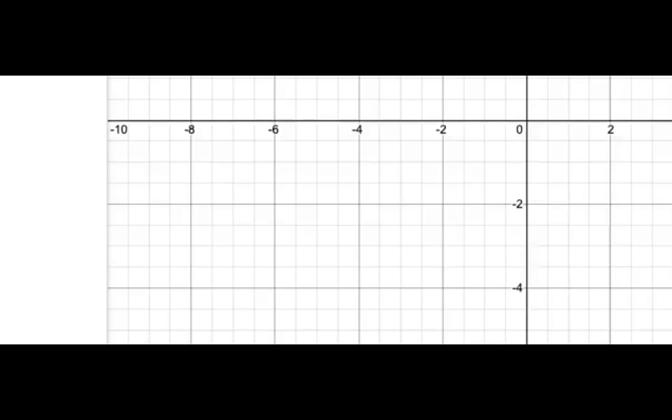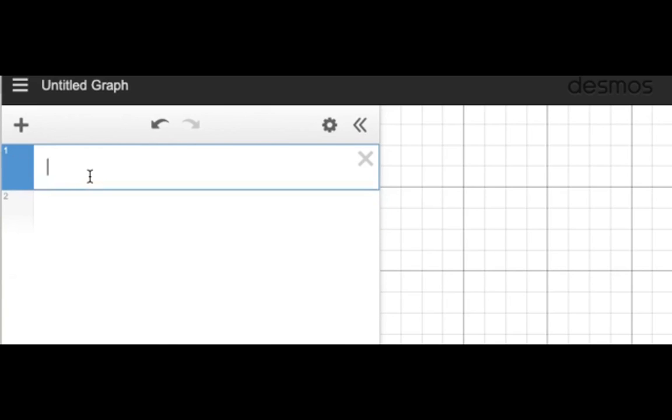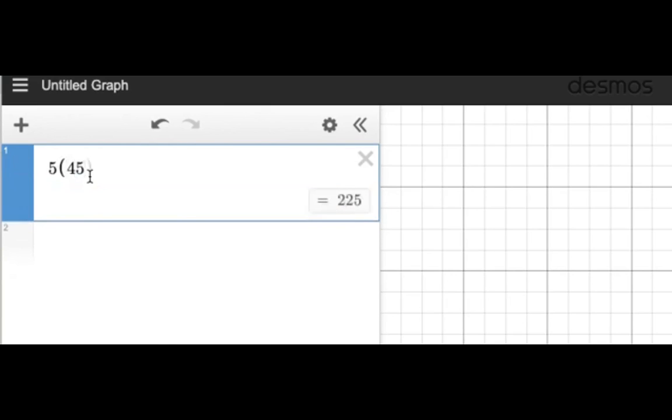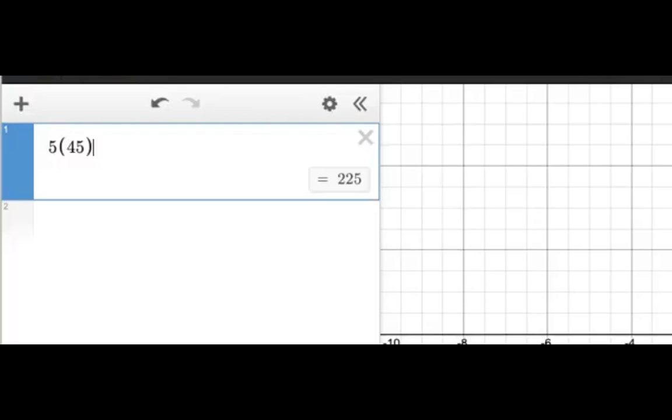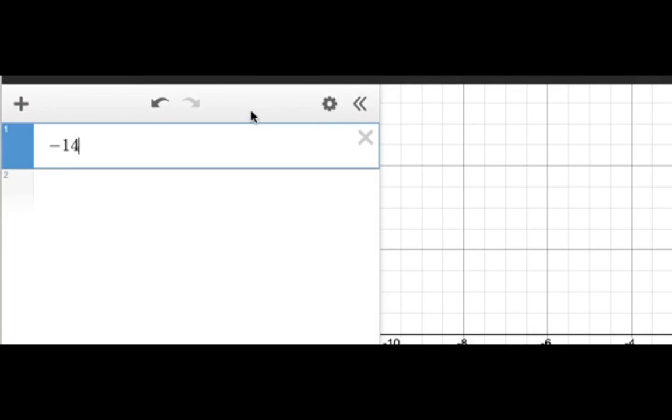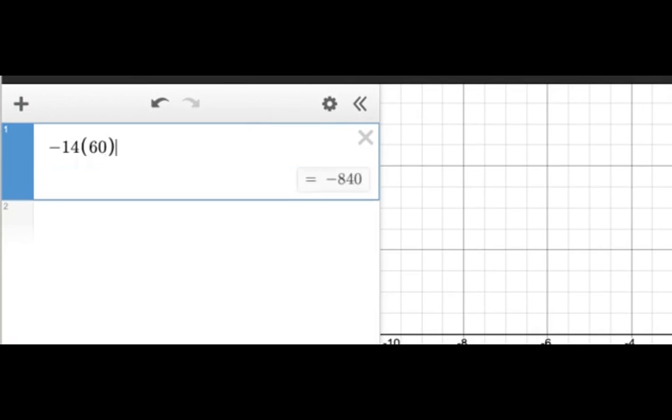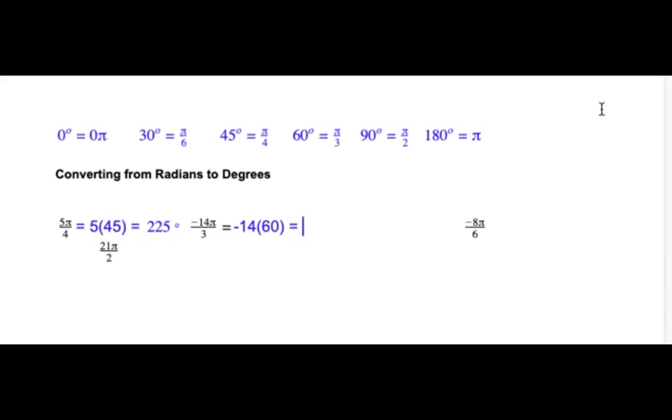And so if I just do 5 of the 45s, it's 225 degrees. And that's it. So for negative 14 pi over 3, negative 14 times a pi over 3 is worth 60 degrees. So then if I do that, I get negative 840 degrees.